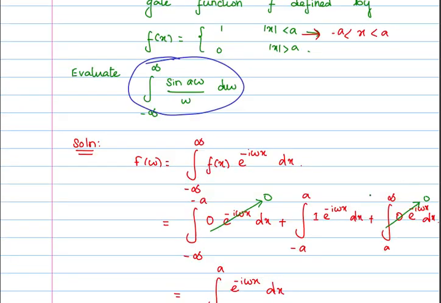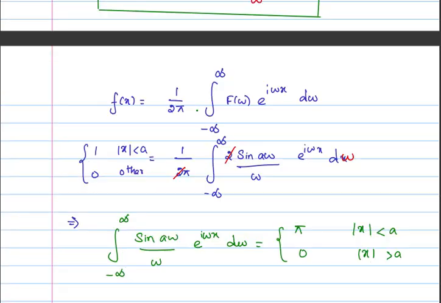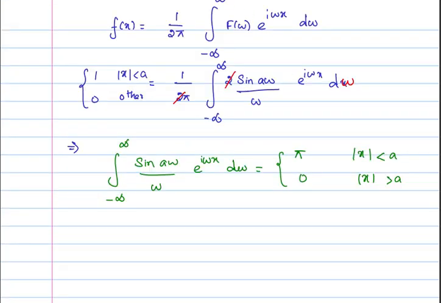In this scenario, I want to evaluate the integral from minus infinity to plus infinity of sin a omega divided by omega. I require the exponential factor to be 1. Omega is a running variable, and i is the square root of minus 1, a fixed number, so I have the right to choose the x value. Take x equal to 0.